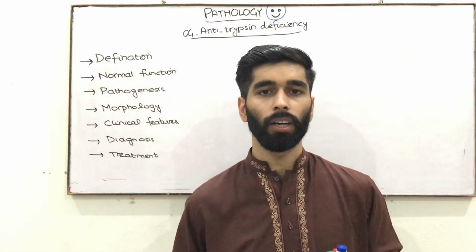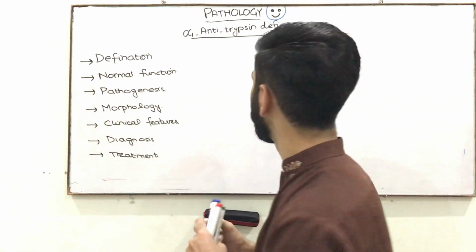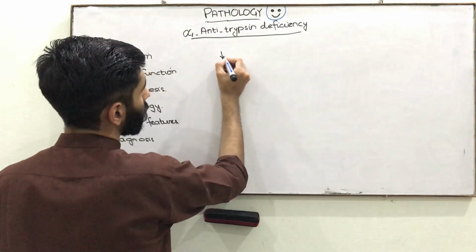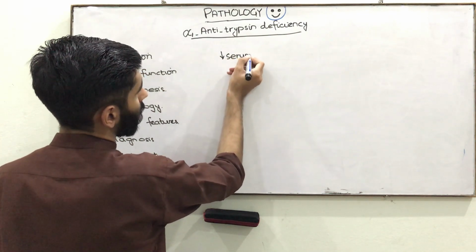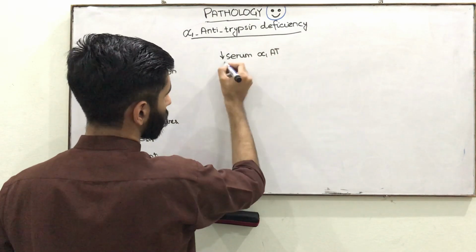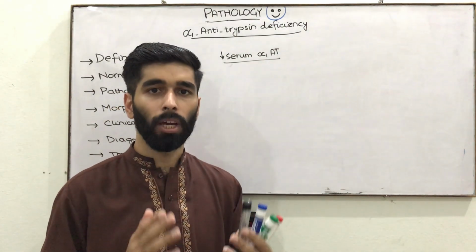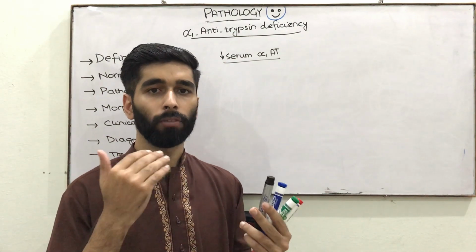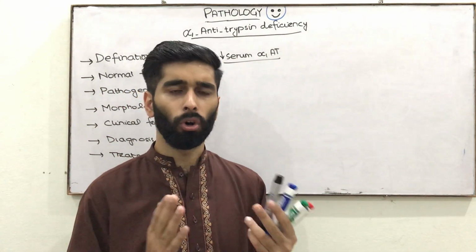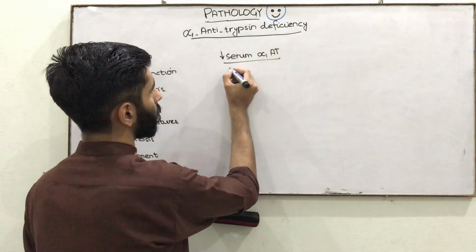This disease is defined as an autosomal recessive disorder which is characterized by low serum level of alpha-1 antitrypsin that is caused by mutations that lead to the formation of abnormal or misfolded form of alpha-1 antitrypsin.